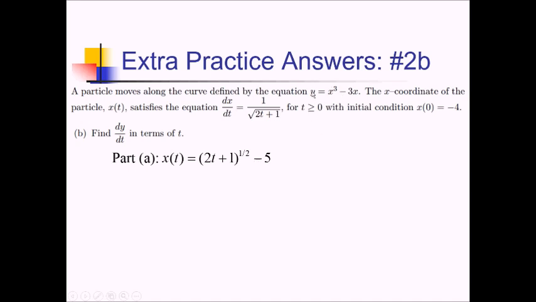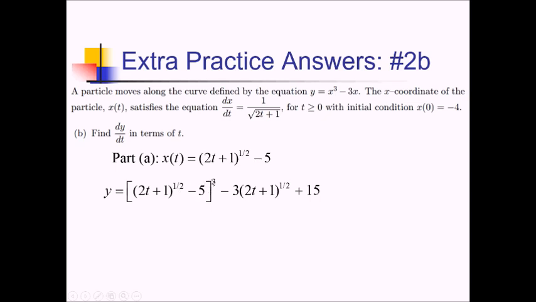I rewrote this as y equals all this stuff to the third power minus 3 times all that stuff. So distributing that minus 3, we've got minus 3 times 2t plus 1 to the 1/2, and then negative 3 times the negative 5 here is going to be positive 15. Now taking the derivative, going from left to right, this first thing I'm going to need the chain rule, so I have something to the third power.